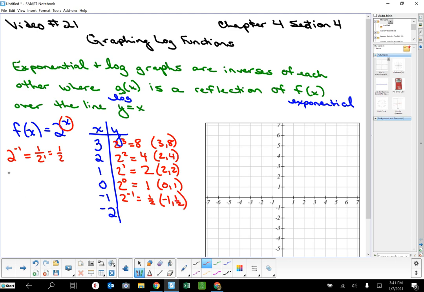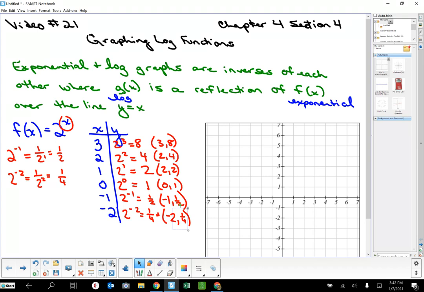And then if we put a -2 in, we have 2 to the -2nd, which means 1 over 2 to the second, which is 1/4. So this becomes -2, 1/4. Okay, so those are the ordered pairs that we're going to use.